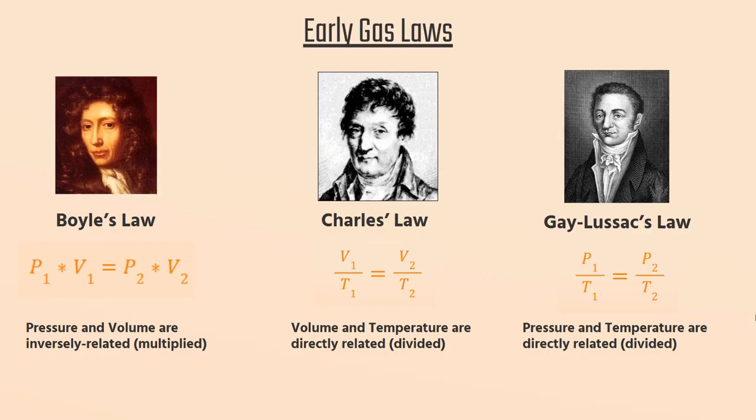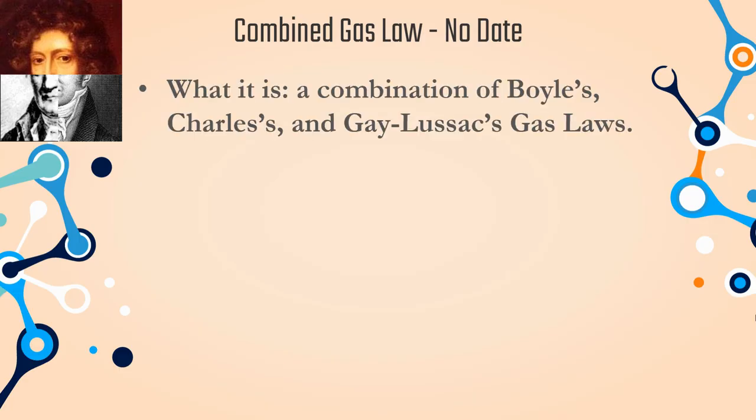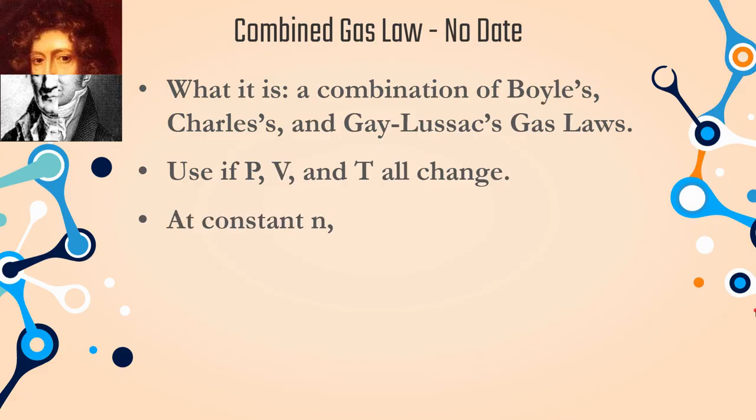To make this combined gas law, reminder, it's a combination of all our previous gas laws, and it works when pressure, volume, and temperature all change at the same time. But the number of gas particles has to be constant. So we're still dealing with a situation when we're not adding or removing gas.